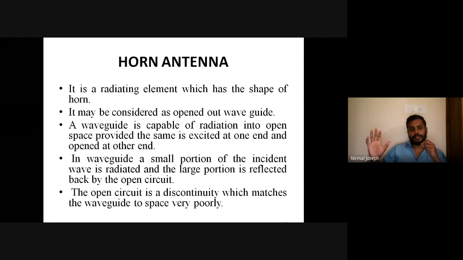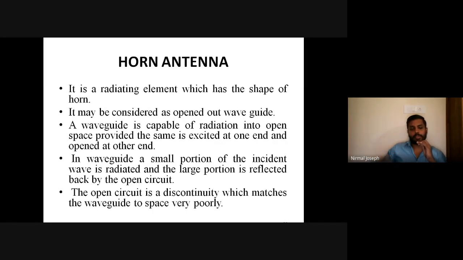Okay. So, the open circuit is a discontinuity which matches the waveguide to space very poorly. That's the problem. Open circuit means it is an abrupt discontinuity, so there is no matching between the waveguide and the space. Waveguide was there, and at a particular point suddenly it is not there.